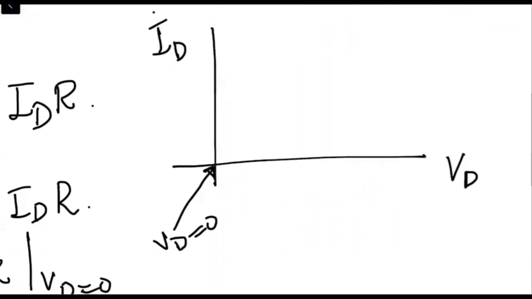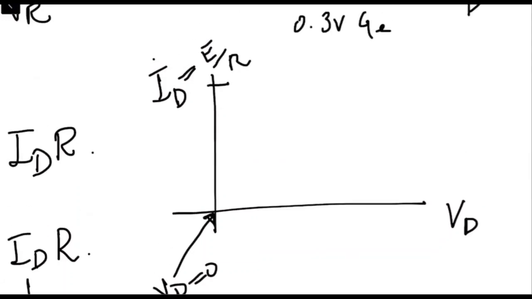If VD is equal to 0, we are at this point. So at this point, the value of the current is equal to E divided by R. Are you with me?